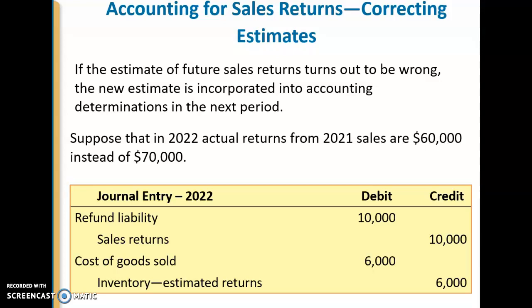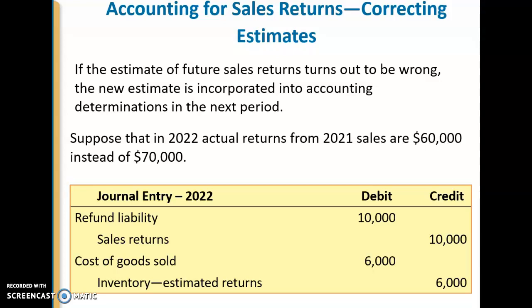For example, suppose in our illustration that only $60,000 of the 2021 sales were returned in 2022 instead of $70,000 that Hawthorne had anticipated, and that Hawthorne estimates that no more returns will occur.